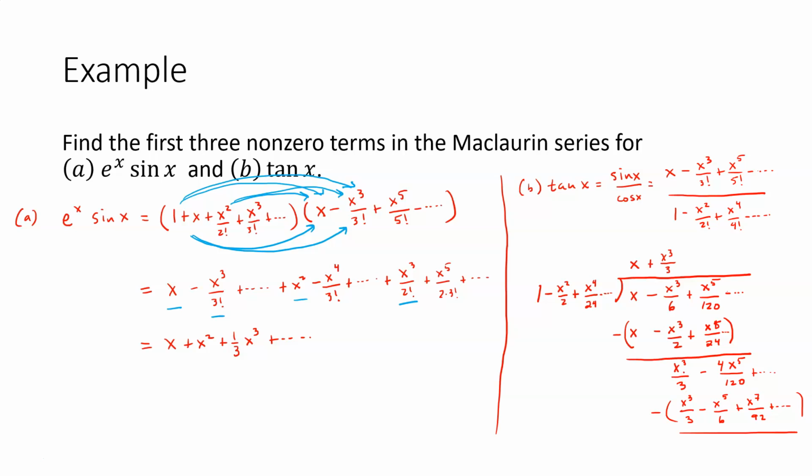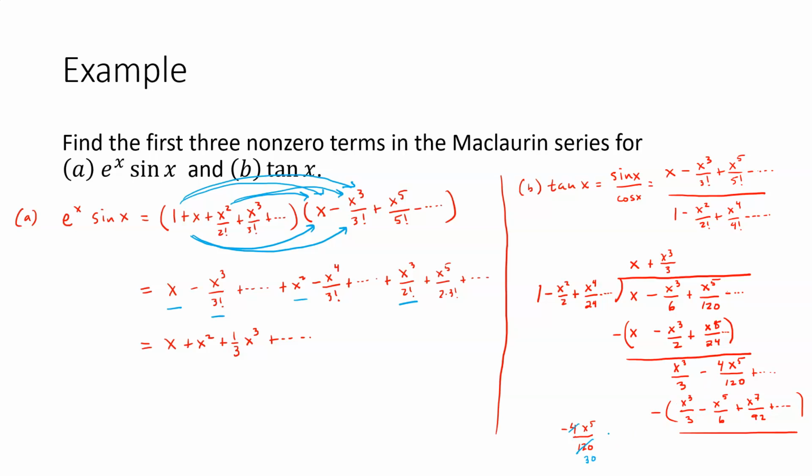Again, subtracting there from above, we would have here x to the 3rd minus x to the 3rd, those are gone, minus 4x to the 5th over 120 plus x to the 5th over 6. Let's see, what would that reduce to? Let me make sure I'm not making a mistake here. 4x to the 5th over 120 reduces to 1 over 30.